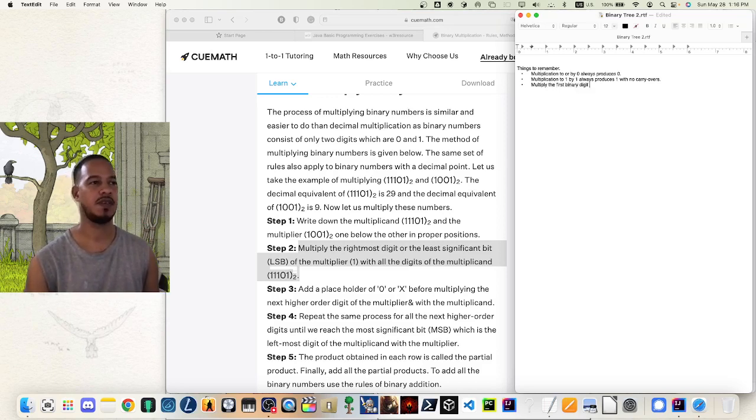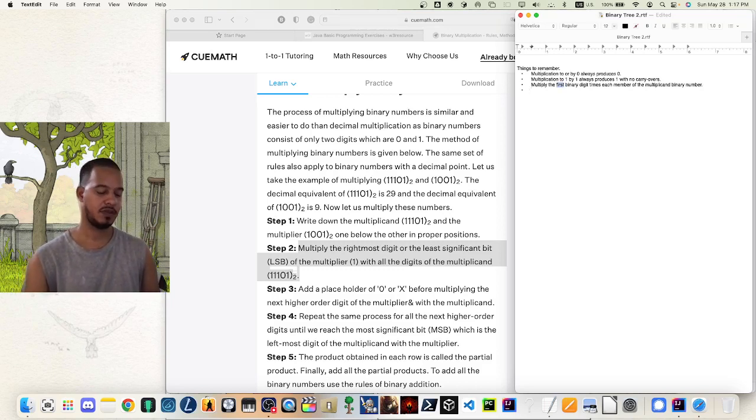Write it in your own words, it makes it easier. Okay.